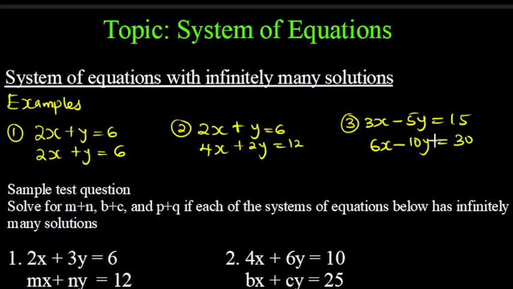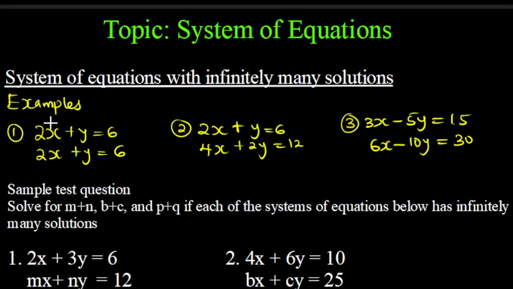Now, these ones are said to be having infinitely many solutions because there are many values of x and y that you can plug in here to give you the same results. For instance, let me use the first equation here. Let's say if you put x as -2 and y as 10, you have -4 plus 10 is 6.